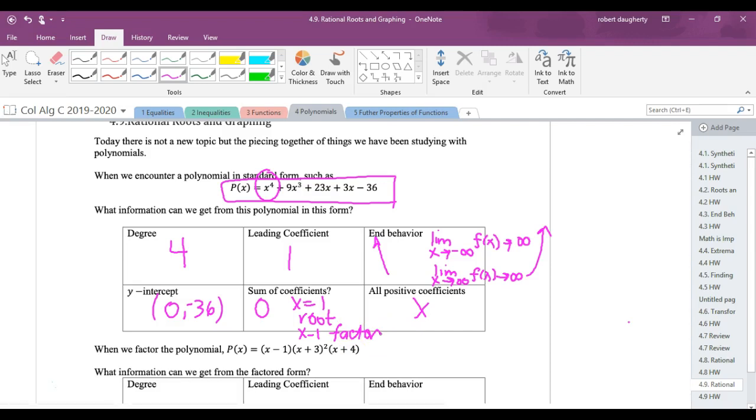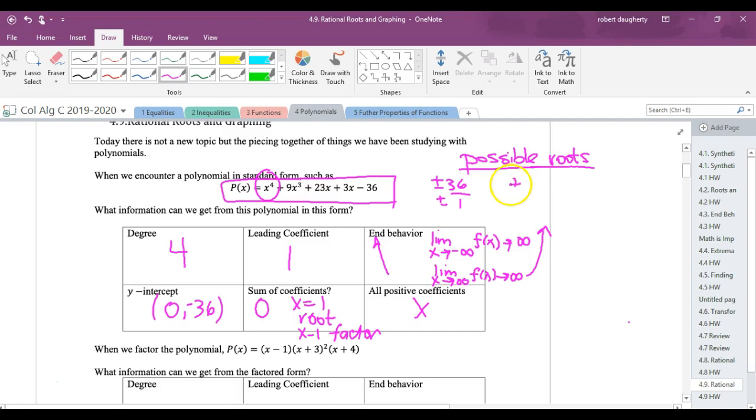What would be the possible rational roots? It'd be the factors of what? What are all the possible rational roots of this polynomial? Plus or minus the factors of 36 divided by the plus or minus the factors of 1, okay? So really that comes down to being just the factors of 36.